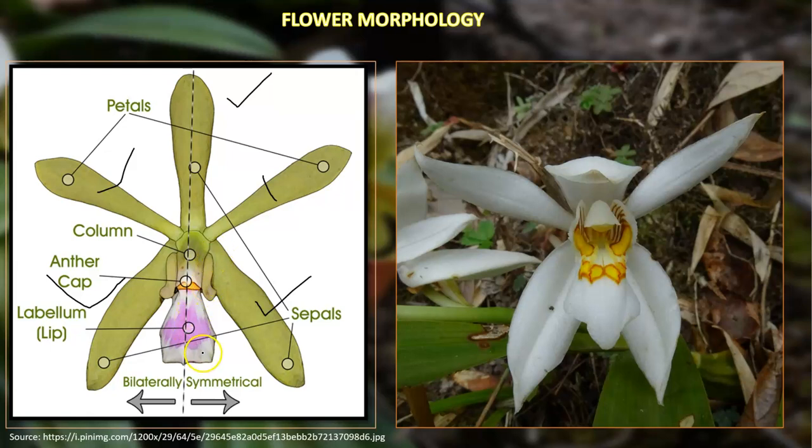One of the petals is modified and called labellum or lip. You see here, these 3 are sepals, and this one, the modified labellum or lip, is the second whorl.